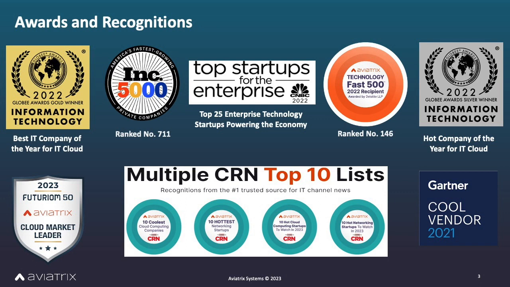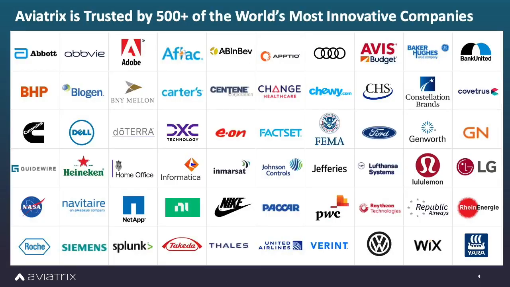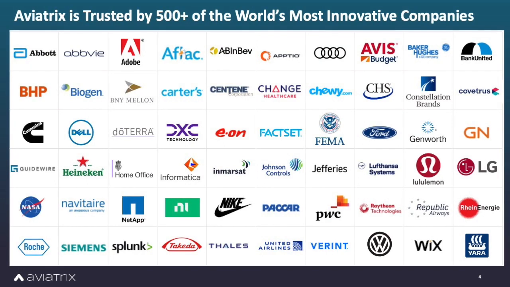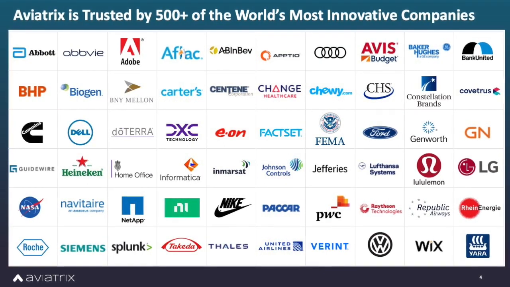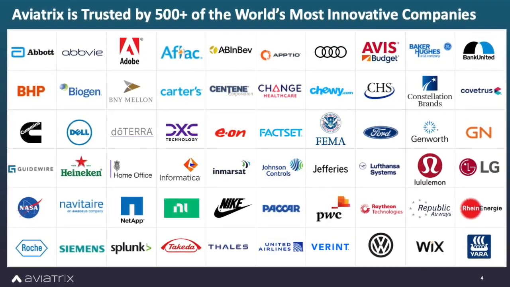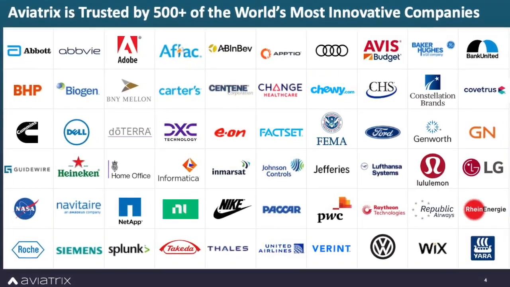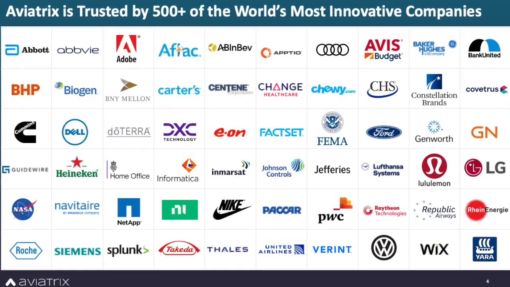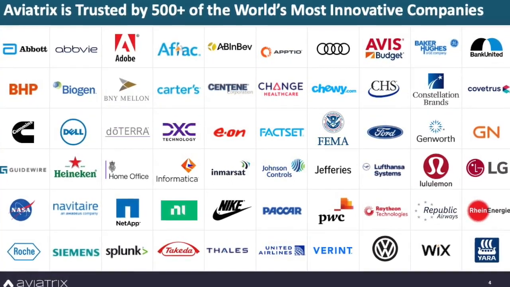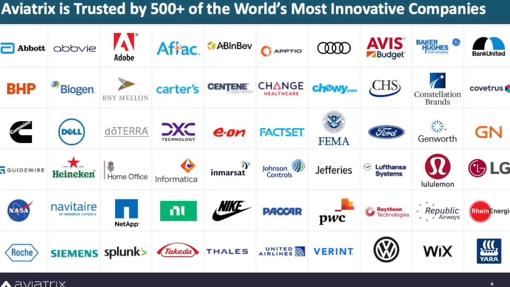Also, the other thing that's going to be very exciting for you as a partner is the type of logos that we are getting. Not only are they huge logos that everybody is familiar with, but they are also in all the verticals. And the reason is everybody is moving to the cloud. They're moving their applications to the cloud. They have infrastructure needs. They want to modernize.